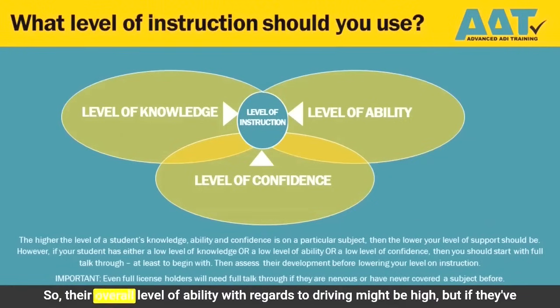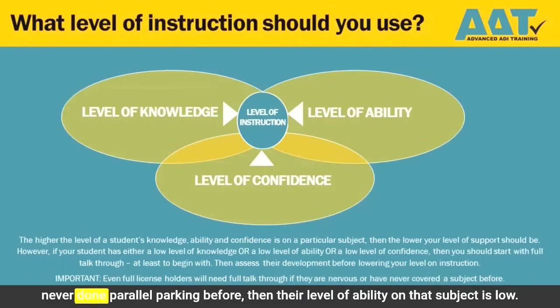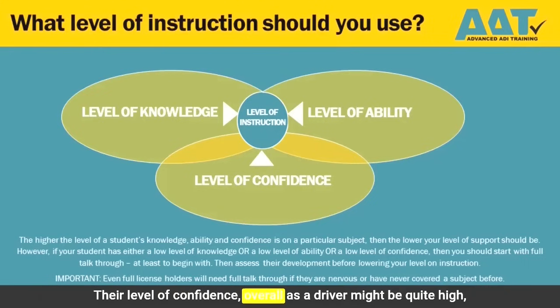So their overall level of ability with regards to driving might be high, but if they've never done parallel parking before, then their level of ability on that subject is low. Their level of confidence overall as a driver might be quite high, but on this particular subject, their level of confidence is low.